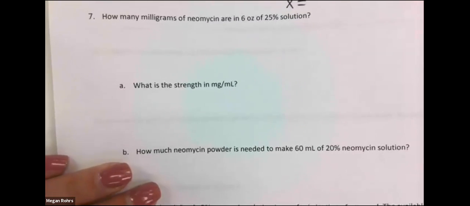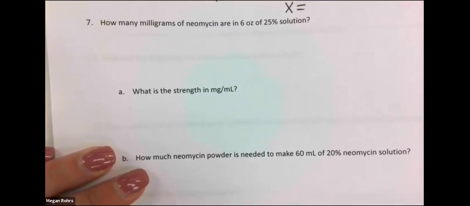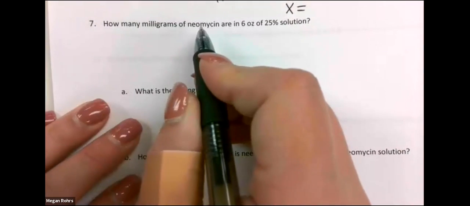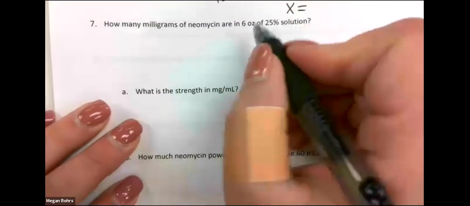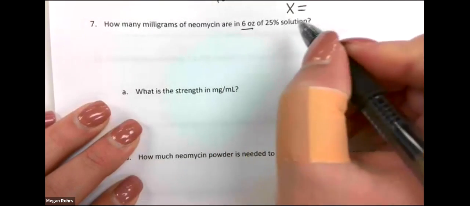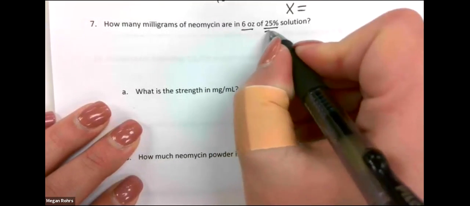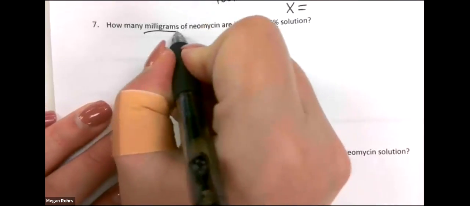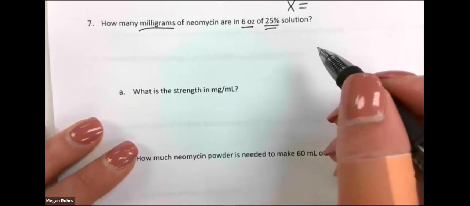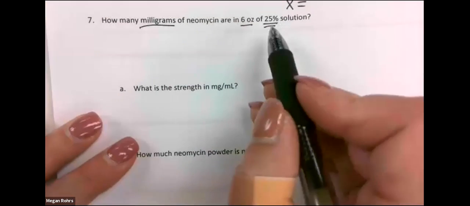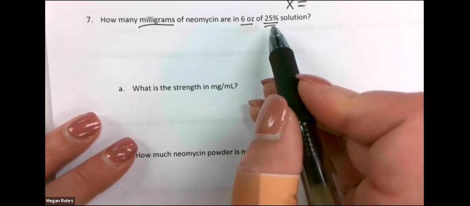All right, so this one's a little bit more tricky here. How many milligrams of neomycin are in 6 ounces of a 25% solution? So start with what we know, our 25% solution.